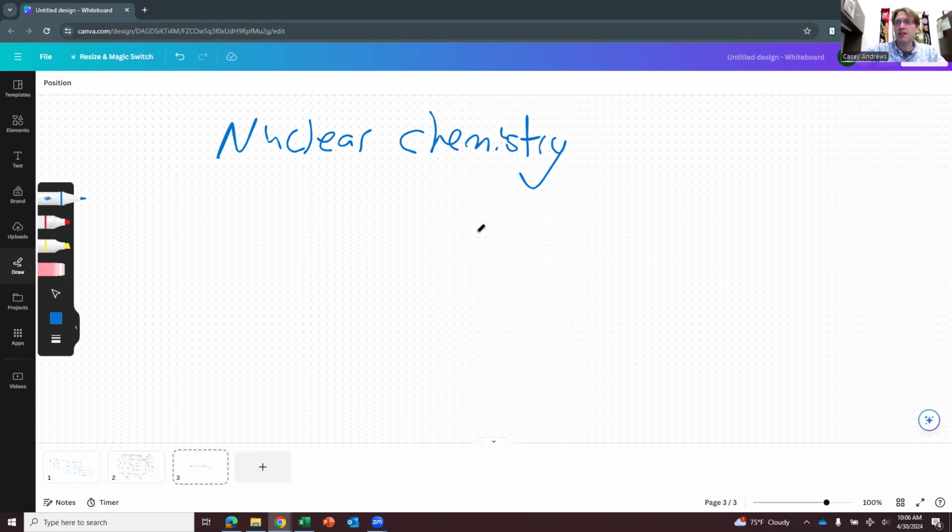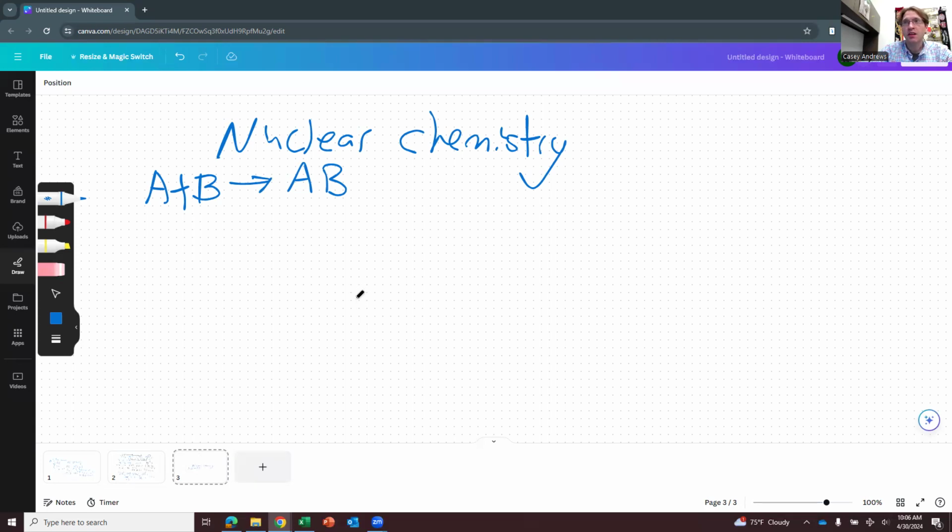All throughout Gen Chem, we always said, for example, if I have A plus B interacting, on the other side of my reaction I have to have the same molecules. I can't create or destroy atoms. Well, nuclear chemistry says you can definitely do that. Nuclear chemistry is the process of creating or destroying atoms.